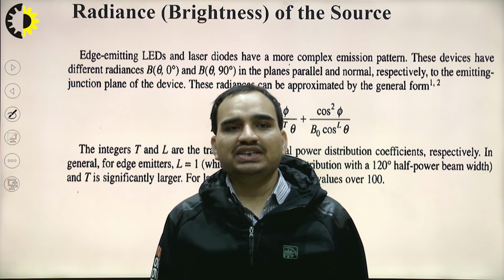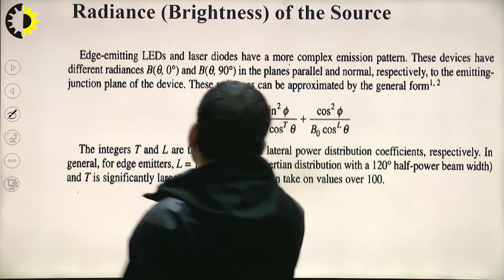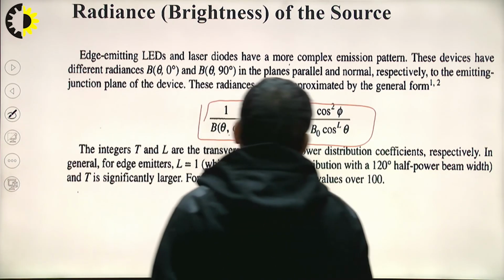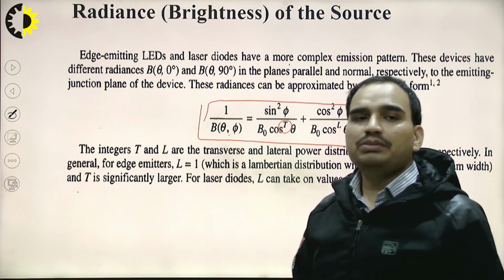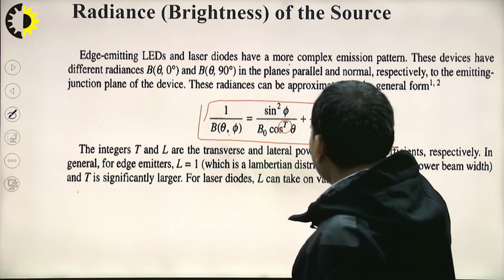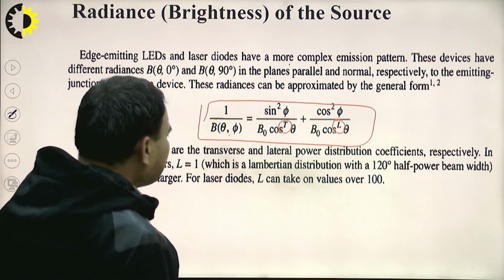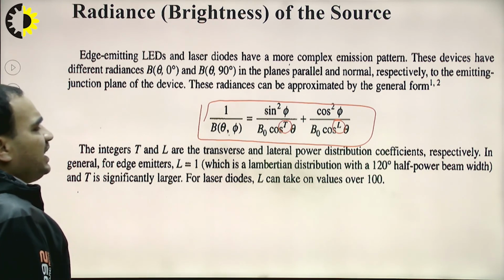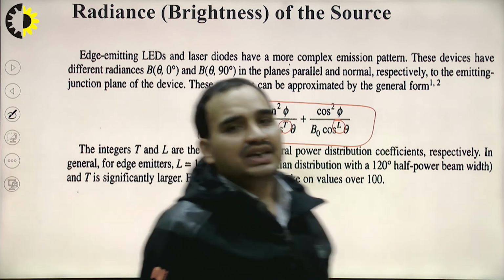These radiances can be approximated by the general form, 1 over B of theta and phi, given by sin squared phi over B naught cos to the power T of theta, plus cos squared phi over B naught cos to the power L of theta, where the superscripts T and L indicate the transverse and lateral components. The integers T and L are the transverse and lateral power distribution coefficients respectively.